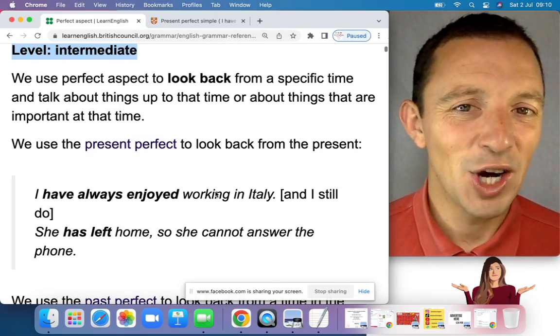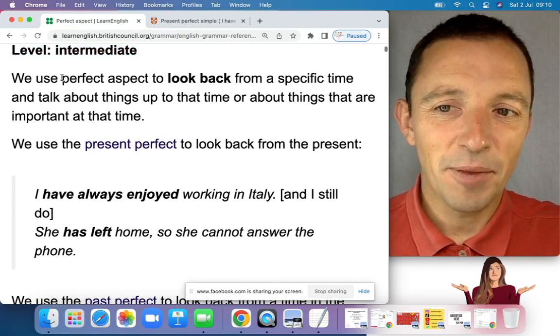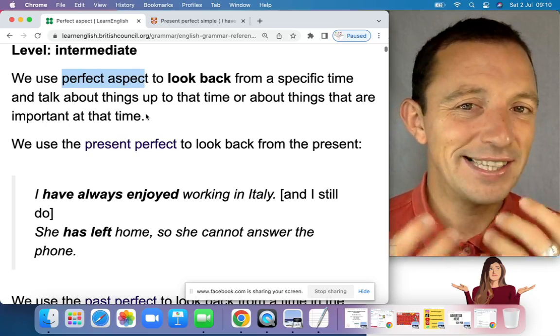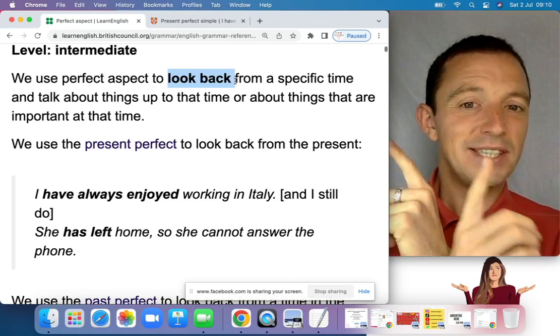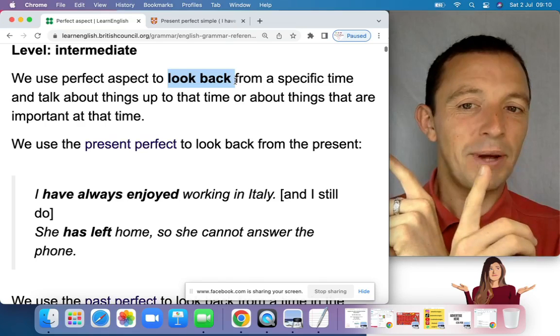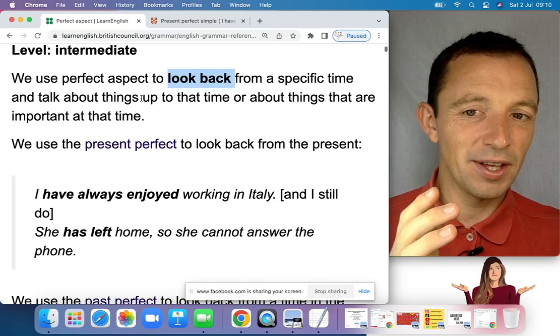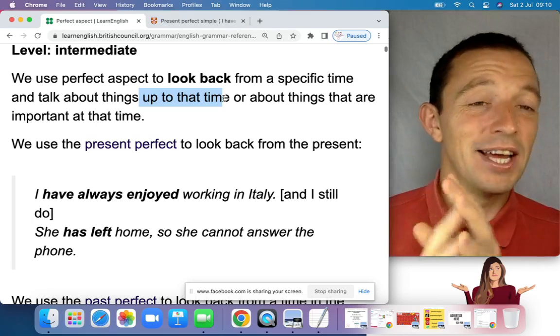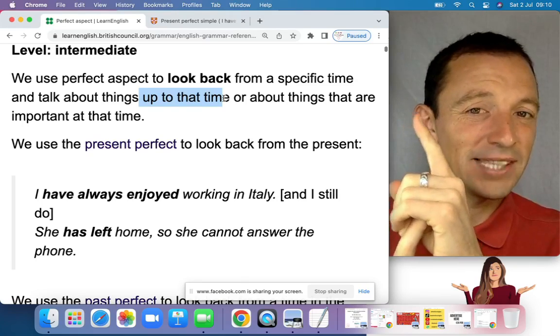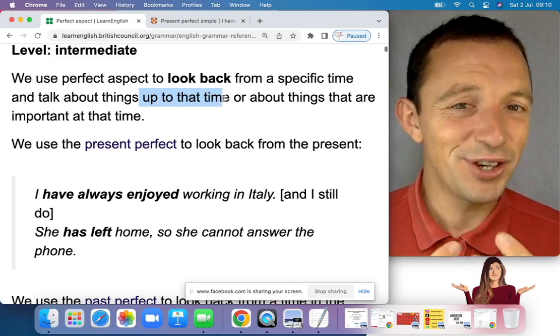Okay, let's go. We use perfect aspect, perfect tenses to look back from a specific time and talk about things up to that time or about things that are important at that time. That's a little technical. That's a bit difficult explanation to understand.